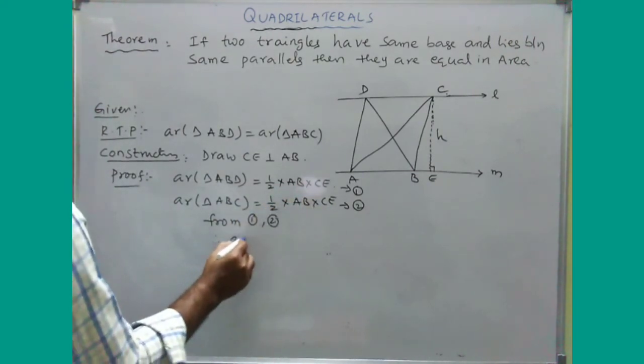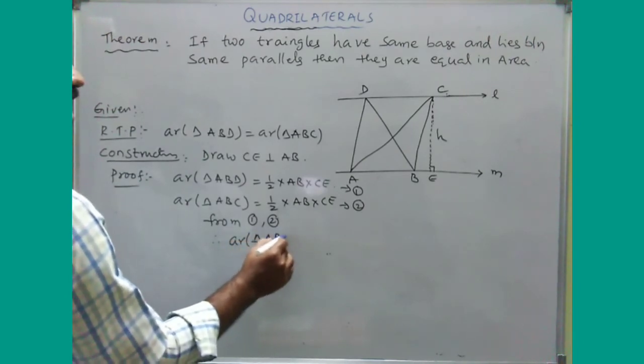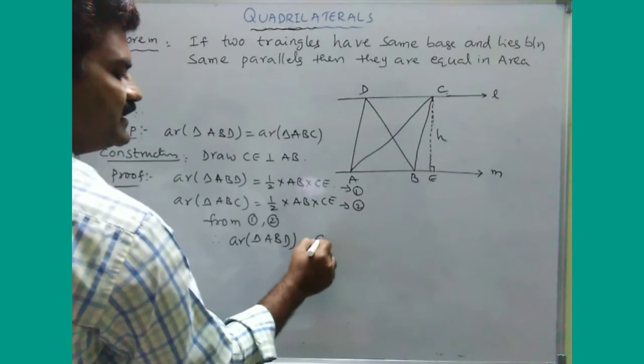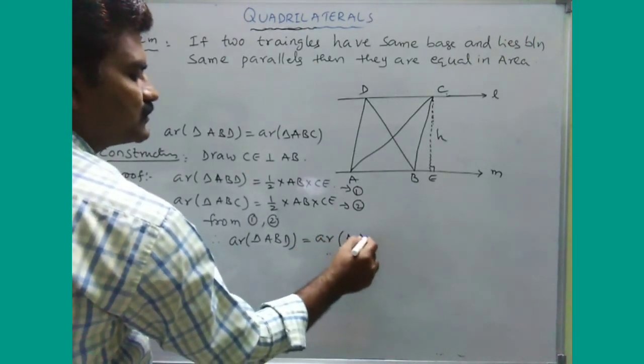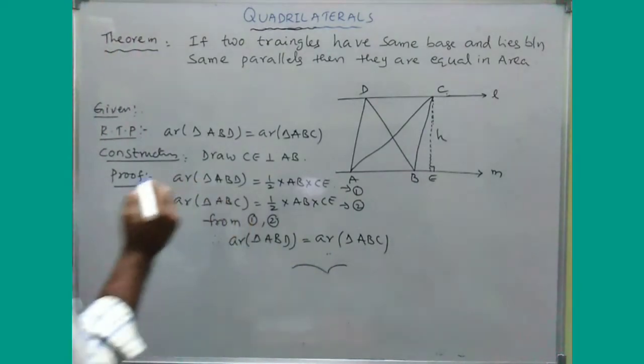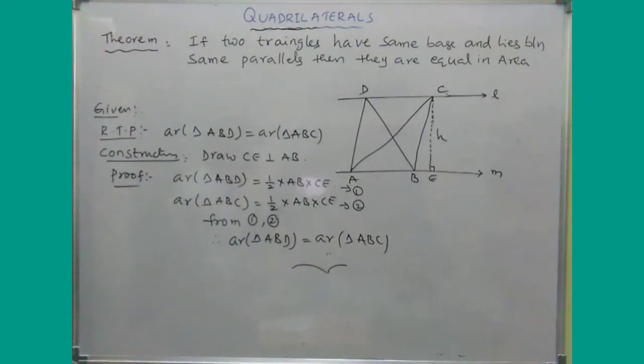Hence, the area of triangle ABD is equal to the area of triangle ABC. That is, if two triangles have the same base and lie between the same parallels, then they are equal in area.